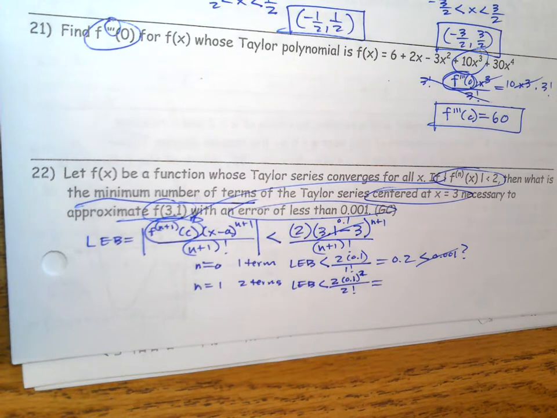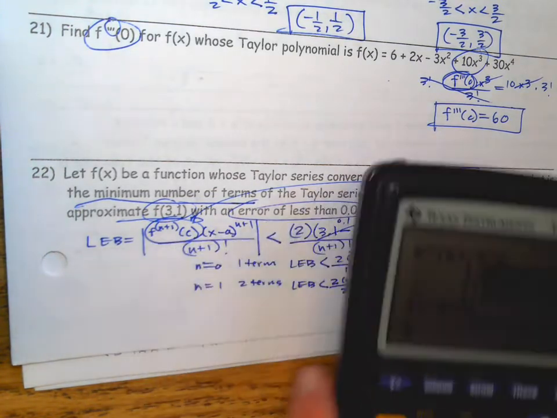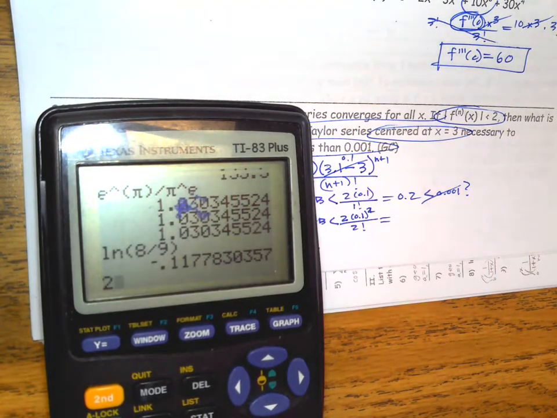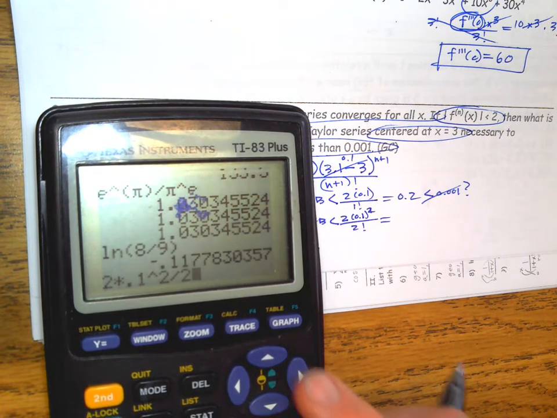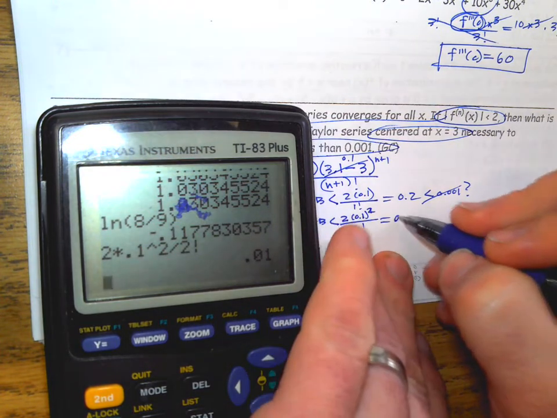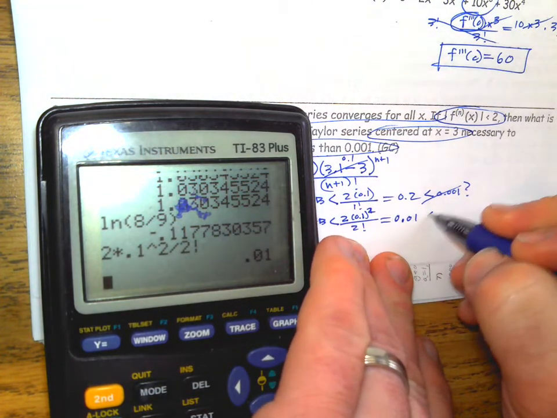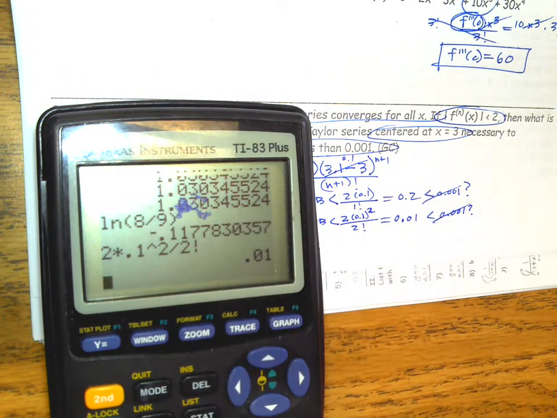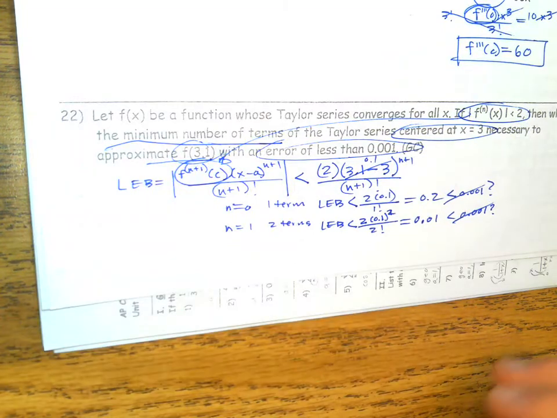You could use your calculator if you want. You could do 2 times 0.1 to the second power divided by 2 factorial. I'm not saying it wouldn't be faster. So, not surprisingly, the more terms you take, the smaller the error gets. Not small enough.